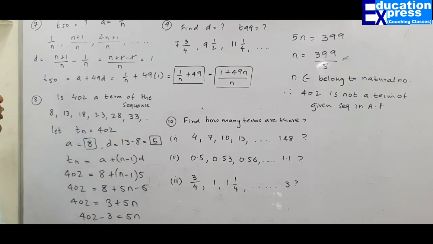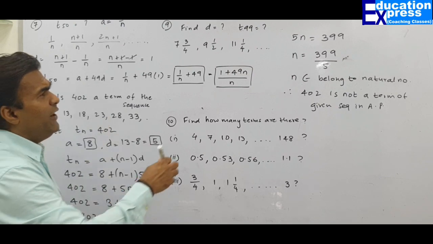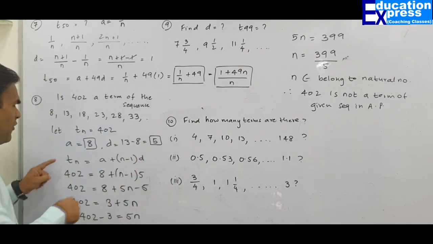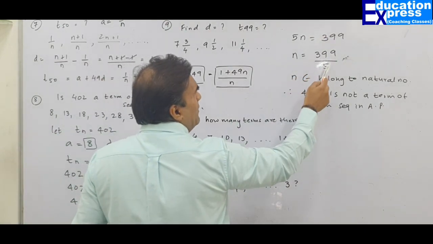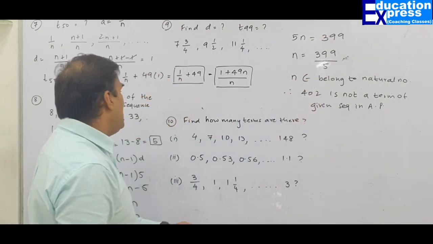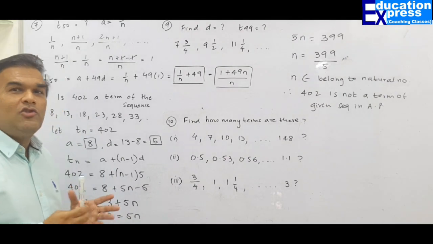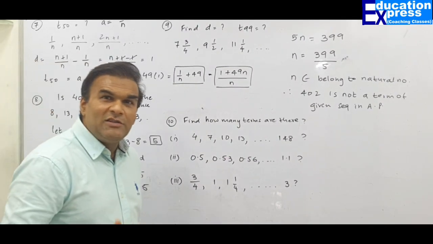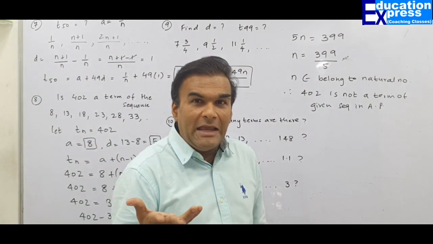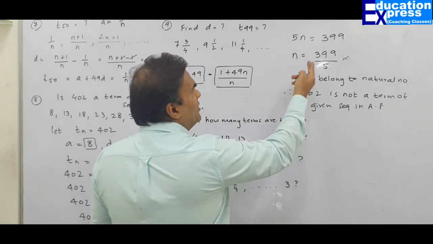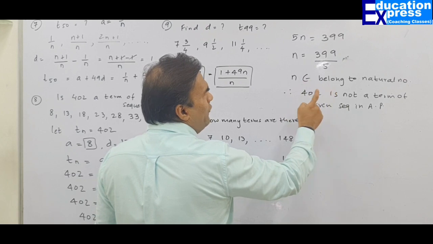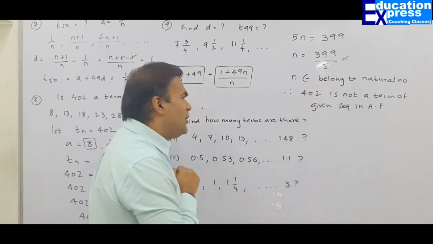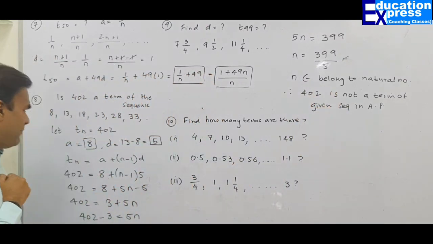The answer is no. Because 402 when substituted in the formula reflects that it is the 399 upon 5th term. We have term numbers as natural numbers, that means first term, second term, third term till infinity. Now 399 upon 5 does not belong to natural numbers. Henceforth, 402 is not a term of the given series.